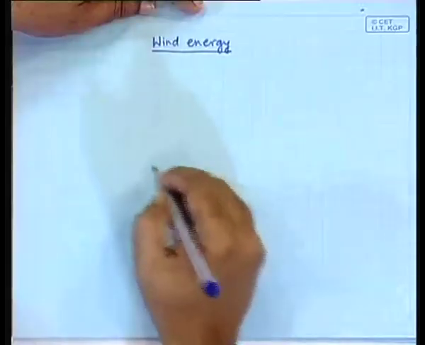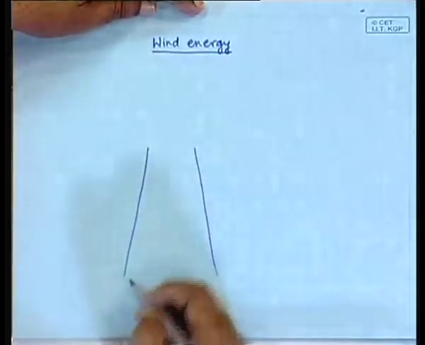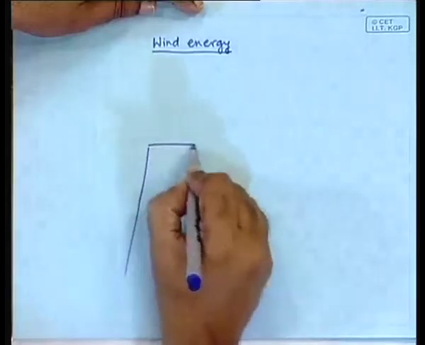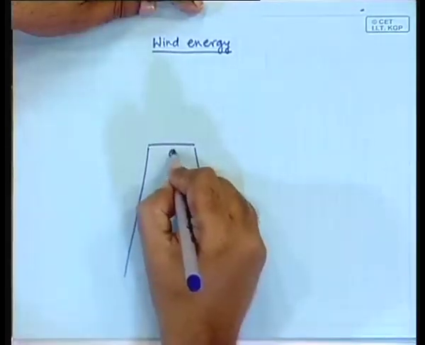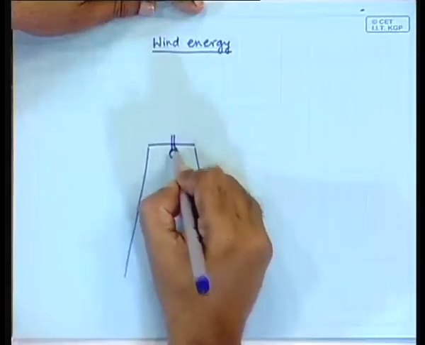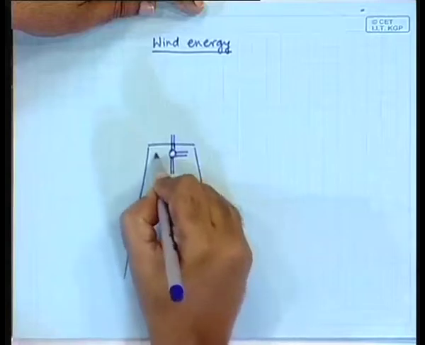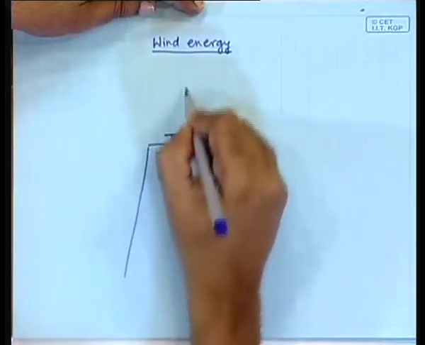Those windmills have an entirely different structure than what you see today, and the structure was something like this. You have a building which is normally tapered to the top, and at one point there would be a shaft coming out connected to 4 blades on the 4 sides like this.